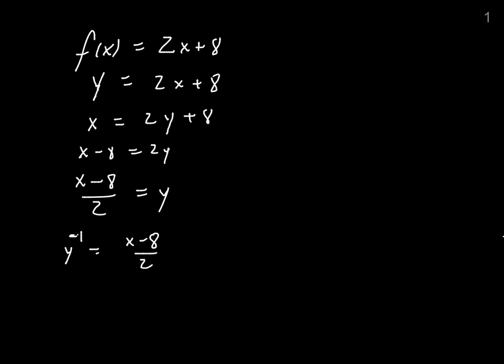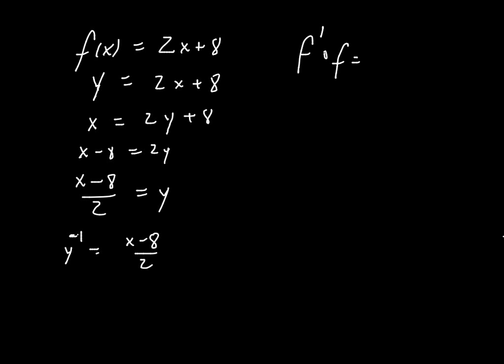So let's see what happens now that we know what the inverse is. In the second part of this question, what they're asking you to do is determine the composition of f inverse with f. So basically, put f inverse and f together and see what it gives you.